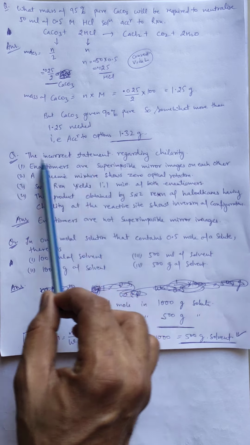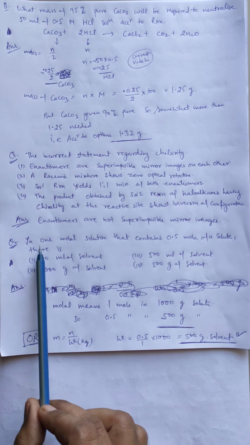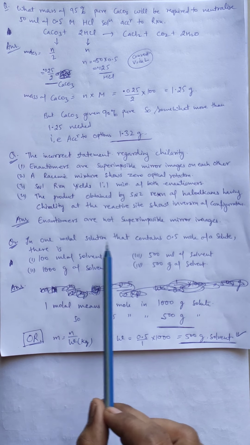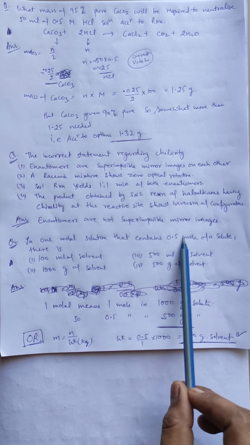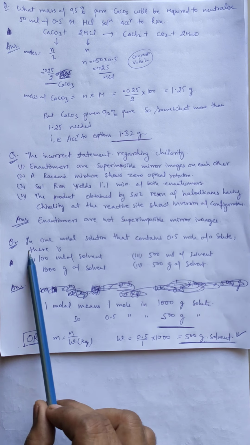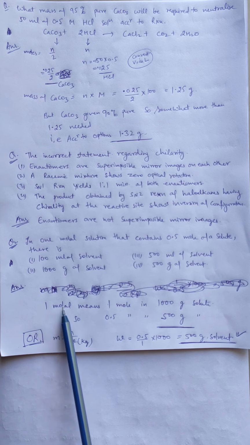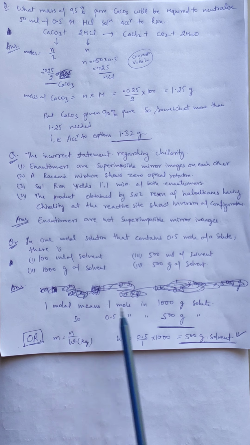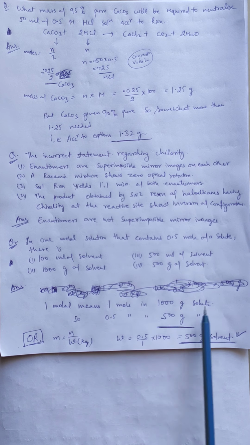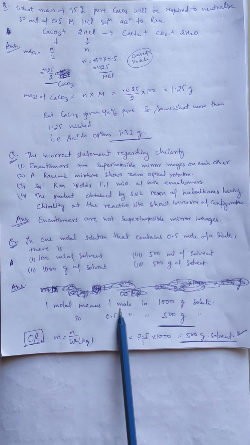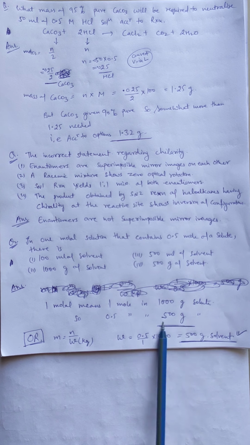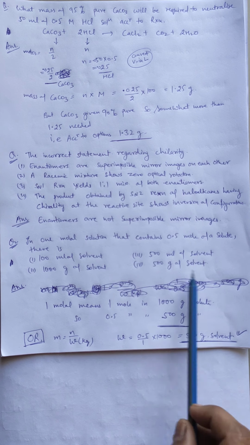Now the next is, in 1 molar solution that contains 0.5 mole of a solute, there is... you may directly calculate. 1 molar means 1 mole in 1000 gram of solvent, so 0.5 moles in 500 gram of solvent. The correct answer is 500 gram of solvent.